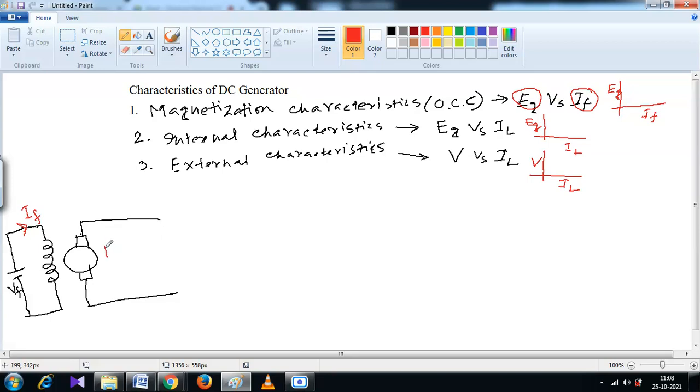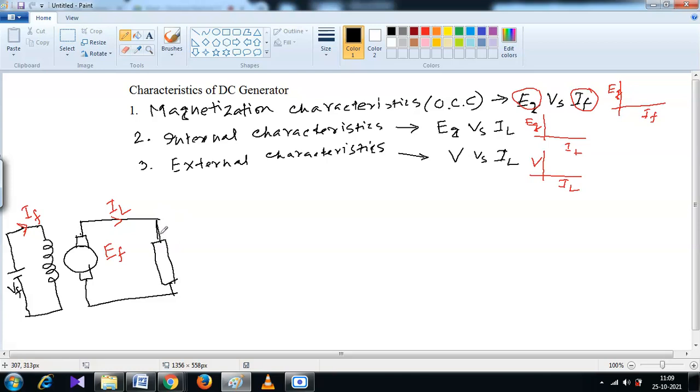Sir, mutual induction generator. How many types of DC generator are there? Three. Based on excitation, how many types of DC generator are there? Series, shunt and compound.